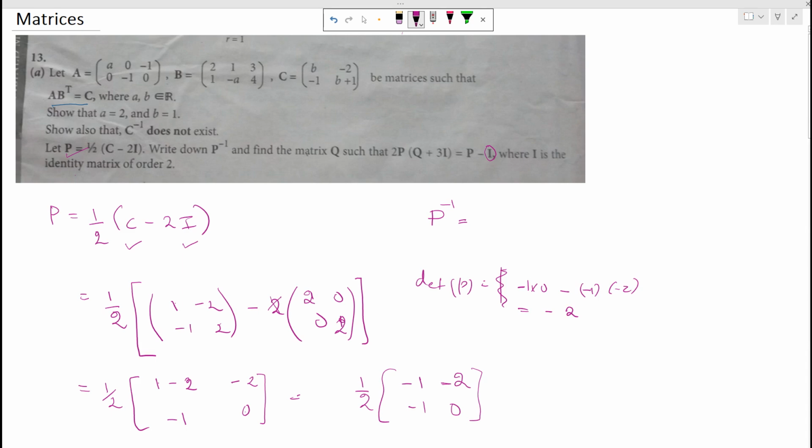So P inverse is equal to 1 over determinant of P into, then you have to just interchange these elements, and the half coefficient is there, so you should write that half also here. So here you have to just interchange these two entries. 0 becomes here and minus 1 becomes here, and you have to negate these values without changing. So 2 and 1.